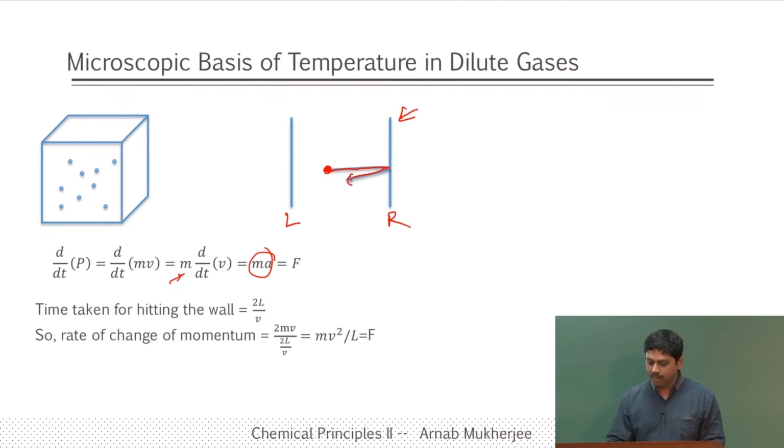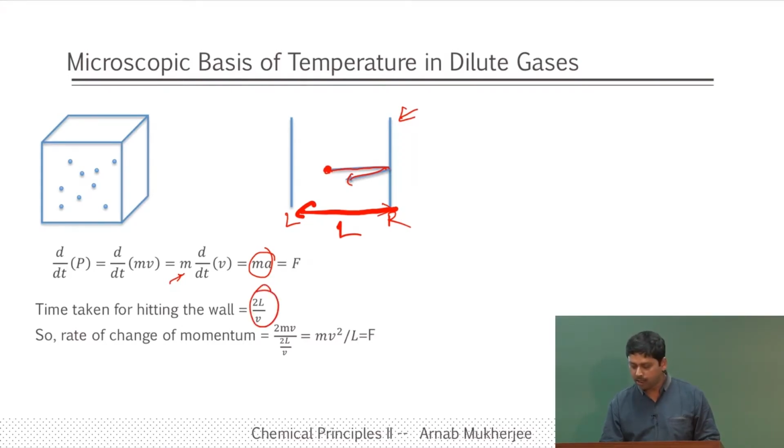So, change of momentum is basically force. Now, you can also calculate how much time it will take for the particle to change its momentum. If the length of the box is L and we take all the velocities to be the same, v, then the time taken to hit the wall and return will be 2L by v. A particle starts from here, goes a distance L, comes back L, and only then reverses its momentum.